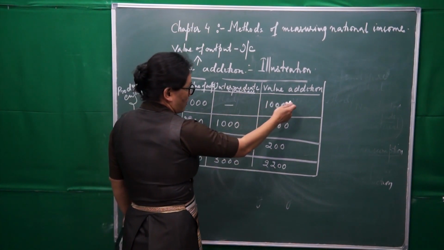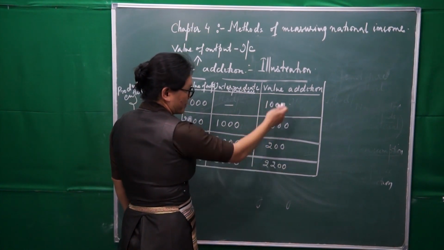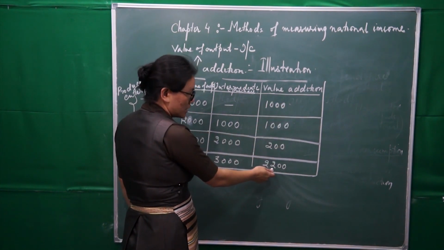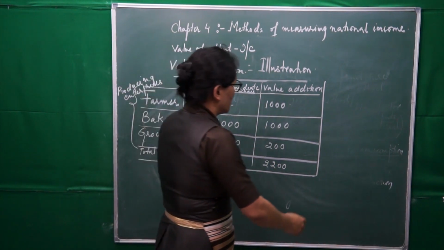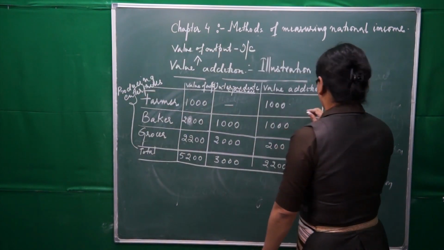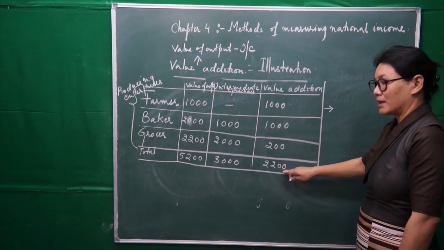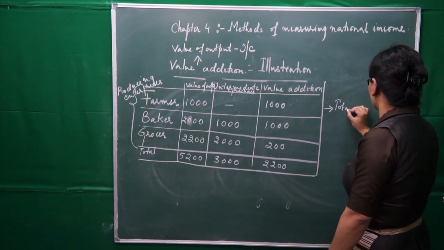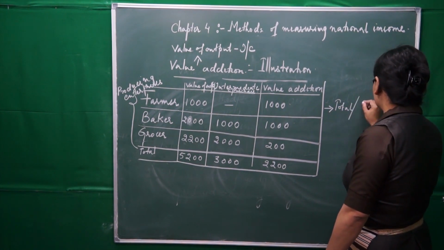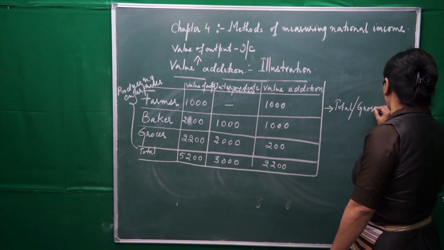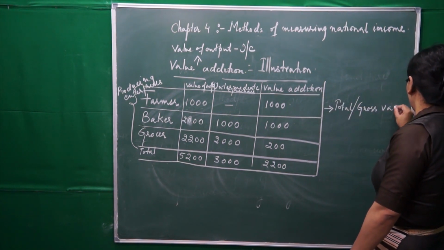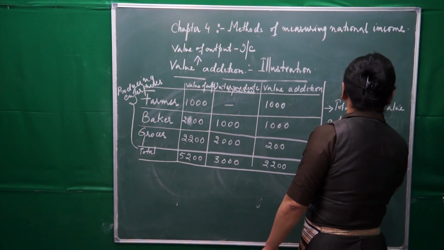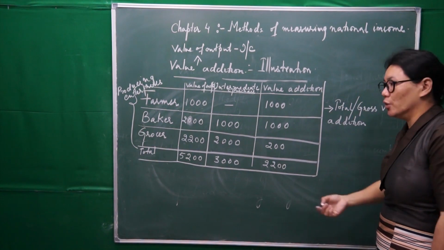Now, these three things, the total of these three things is this much, right? Now, what is this? We can say this one is the total, or we use this concept, gross value addition. Okay, gross value addition of whom?